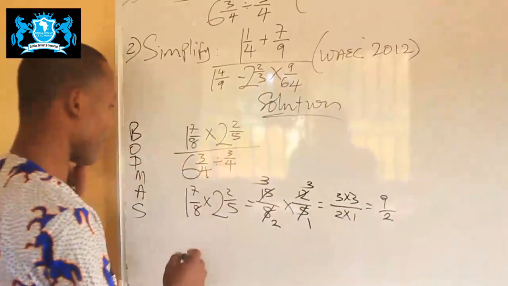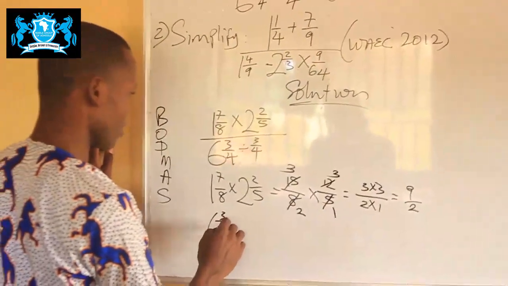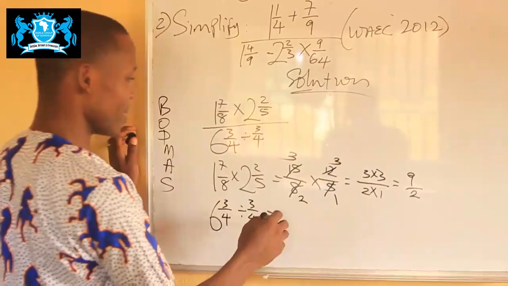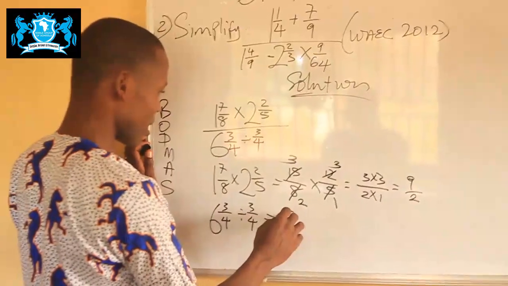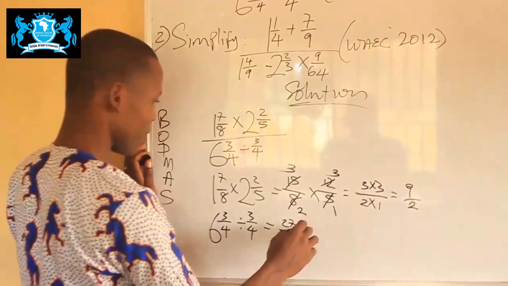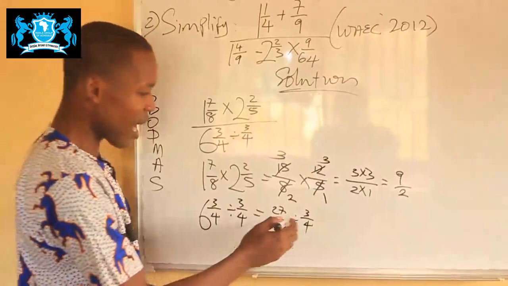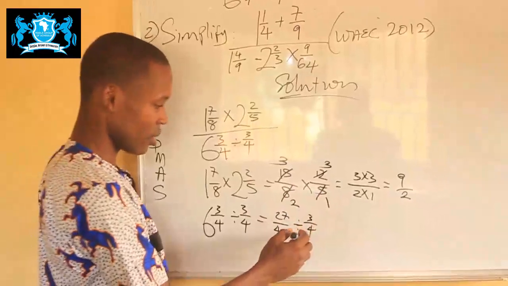Let us solve the lower part. 6 whole number 3/4: 24 plus 3 gives us 27. We have 27 over 4 divided by 3/4. And I taught you, we have to change this division to multiplication.